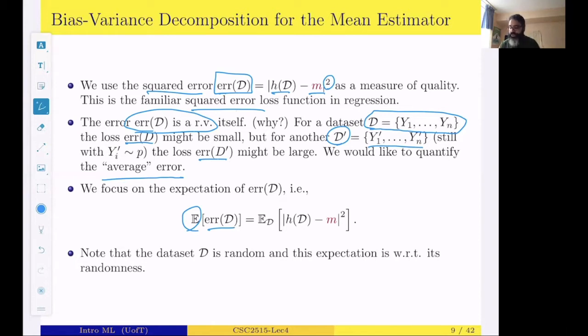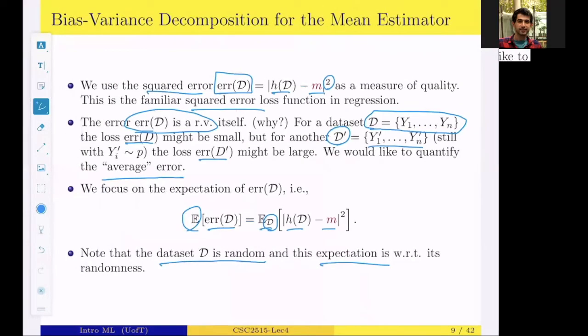I'll just expand the error again: the expectation of h of D minus m, the whole thing squared. As I mentioned, the data set D is random, and this expectation is with respect to its randomness. Sometimes I use a subscript with the random variable below the expectation symbol to denote what is random. Usually it is not needed, but here, just to emphasize it, I may add it.